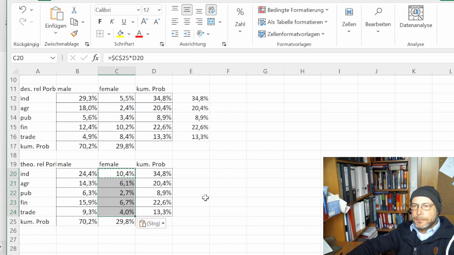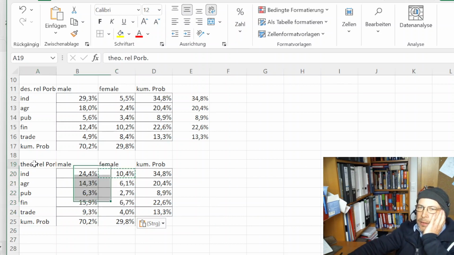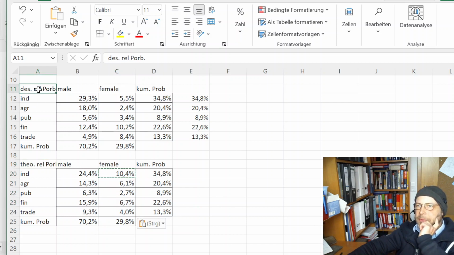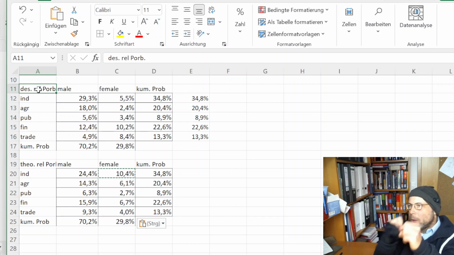So, in the end, we have to compare our theoretical relative probabilities with our descriptive relative probabilities. And if these probabilities are quite close, of course, we have drawn a sample. It's a finite set, so they won't coincide anyway.